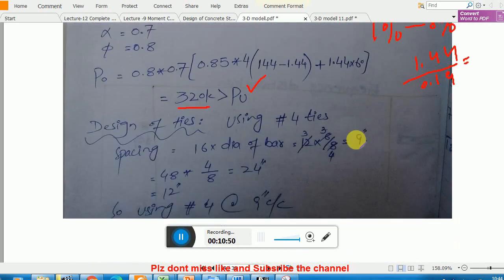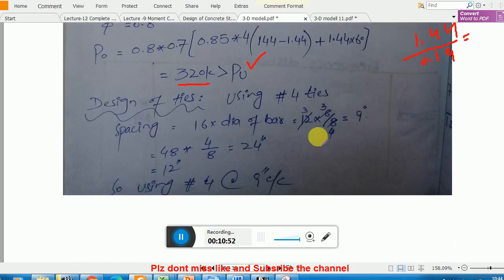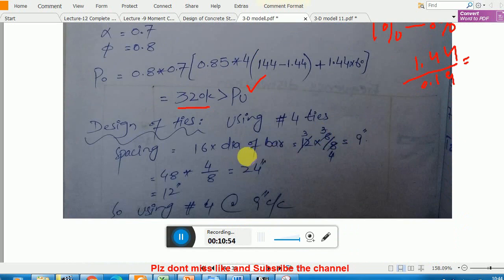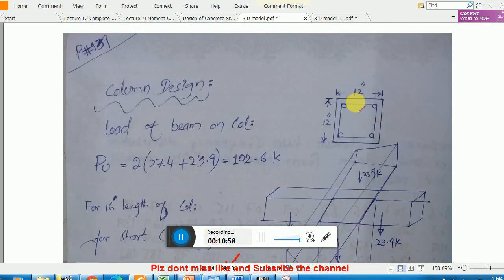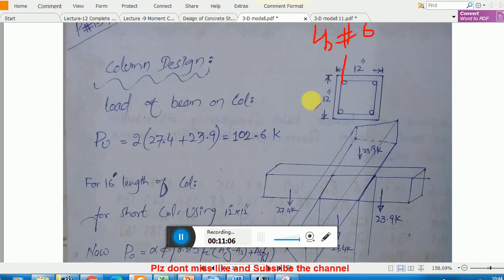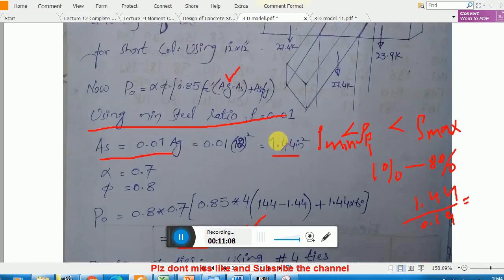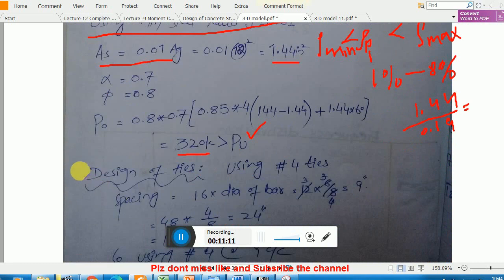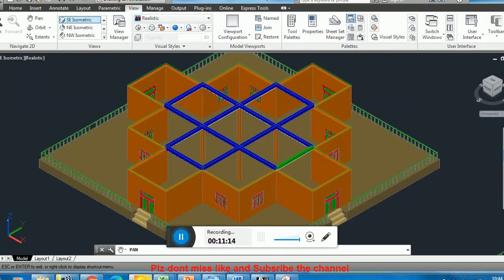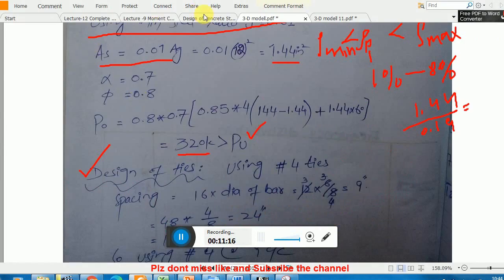So here I think they are using a 6/8 inch diameter bar, basically a number 6 bar. Clear? 4 number 6 bars basically they were using, and this is designed for ties. You all know the design of ties very well.